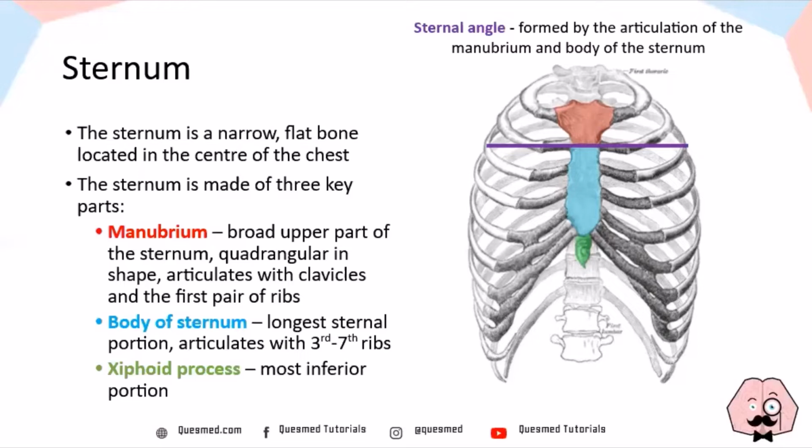Then you've got the body of the sternum, which is the longest part, and it articulates with the junction of the second rib and the third to seventh ribs. And then the xiphoid process, which is this small process that extends inferiorly at the bottom.